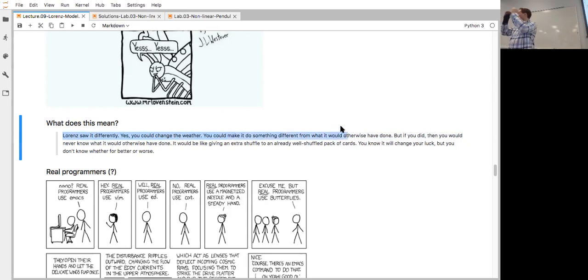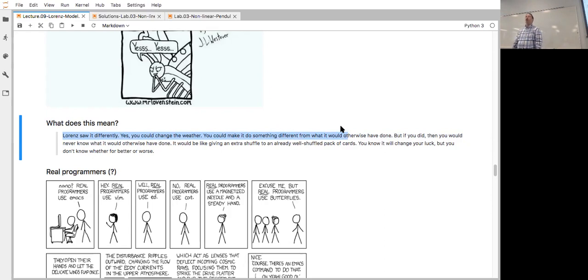Ed would be a programmer that could work within that. No, real editors use cat. Cat was a program allowing you to type in one go all the way into a program without editing at all. You're not allowed to make any mistakes. Write once, type it all through. No, real programmers use a magnetized needle and a steady hand, and they just flip the individual bits all the way through. No, excuse me.